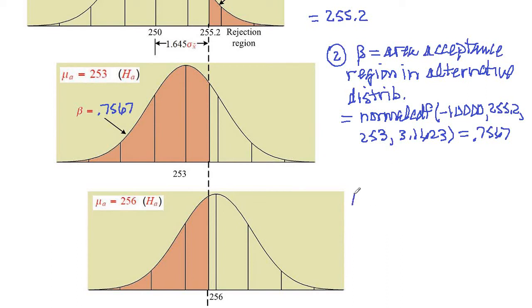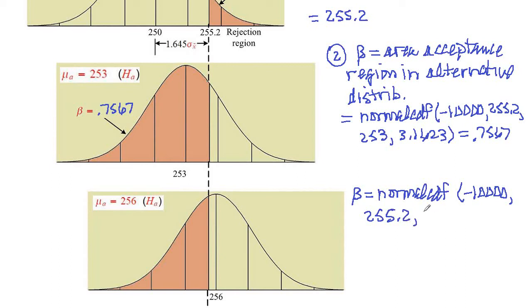Okay, so our beta here in this alternative is the area of the acceptance region, so normal CDF. And your negative 10,000 is the same. And your 255.2 is the same. See this 255.2, that's going all the way down here. That's our right cutoff.